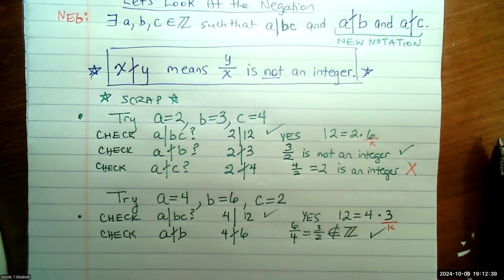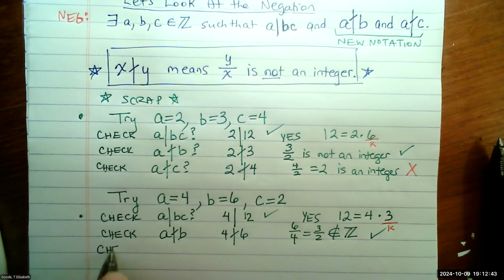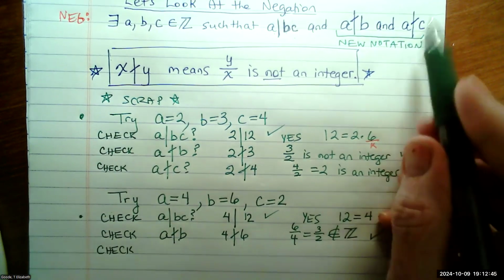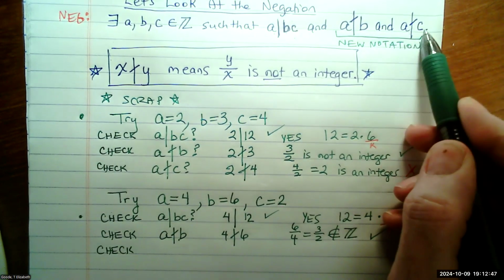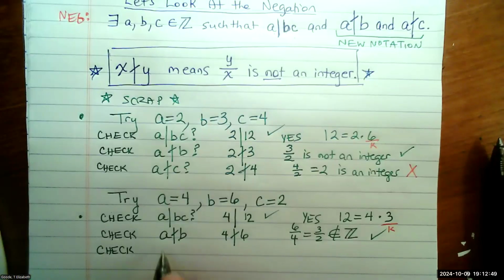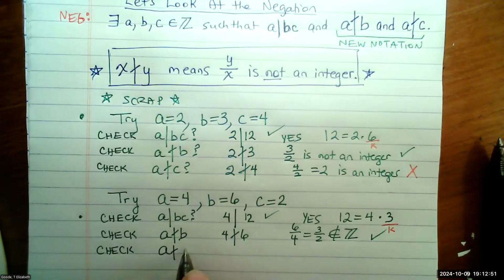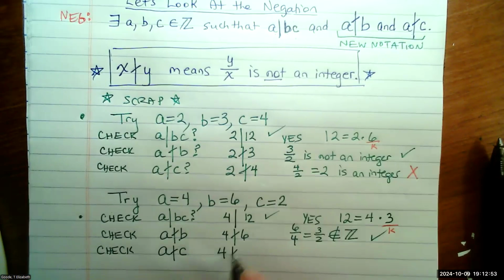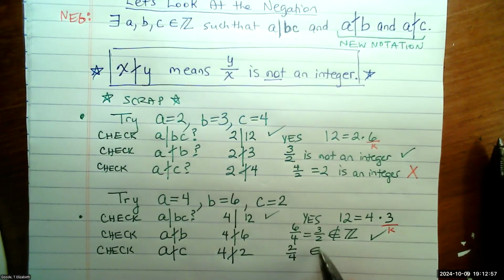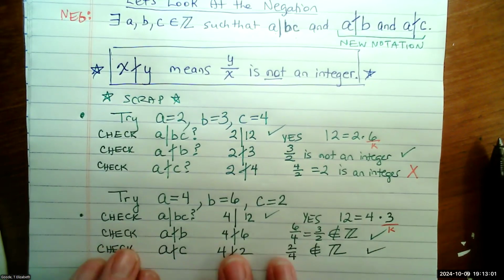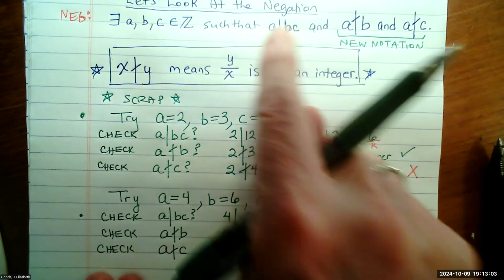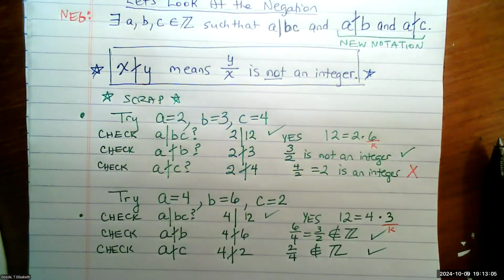So 4 doesn't divide 6. See how this is going? And then finally, we have to check that 4 does not divide 2, and it won't. A does not divide C because 4 does not divide 2. Why? Because 2 over 4 is not an integer. So we have found our counterexample that satisfies the negation of the original statement that we're disproving.